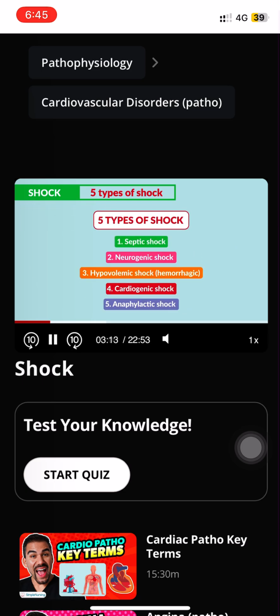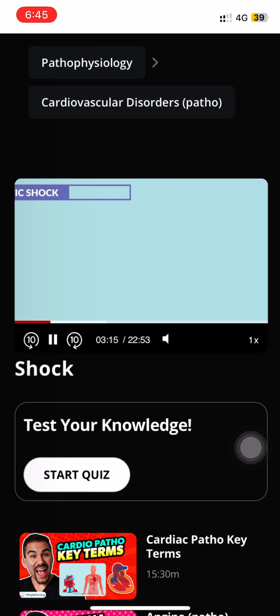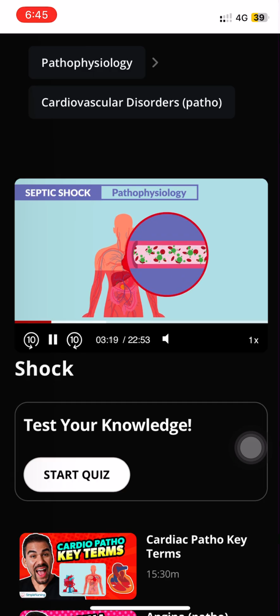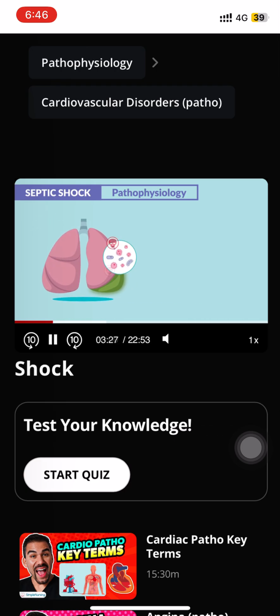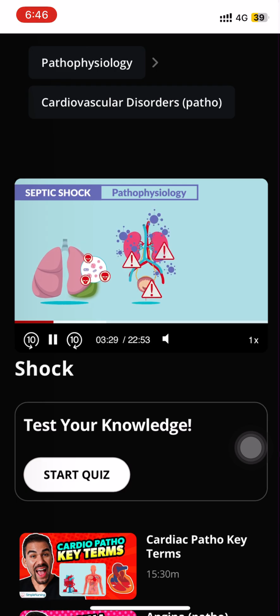Now let's get into these one by one, starting with septic shock pathophysiology. As mentioned before, this is from sepsis, that widespread bloodborne infection that overwhelms the body, typically caused by a bacterial infection like pneumonia with an infection inside the lungs, or even a UTI or kidney infection that progressively gets worse and spreads into the bloodstream.